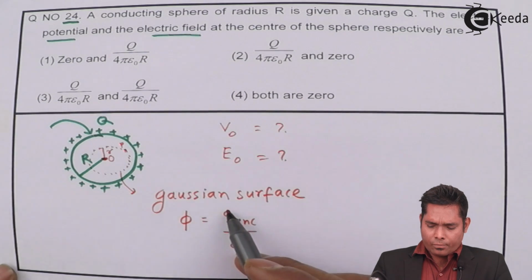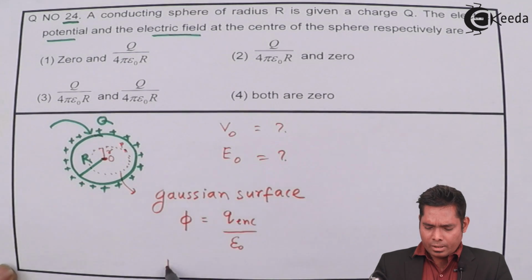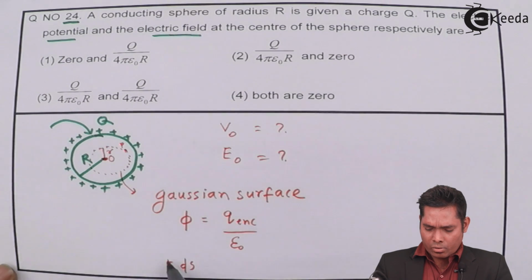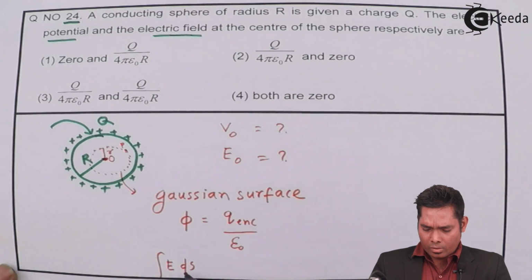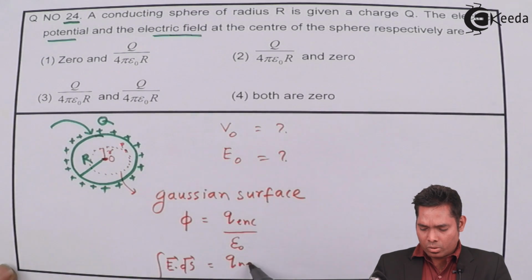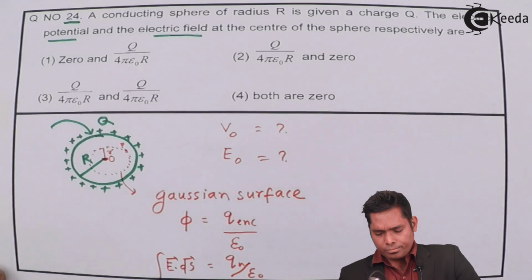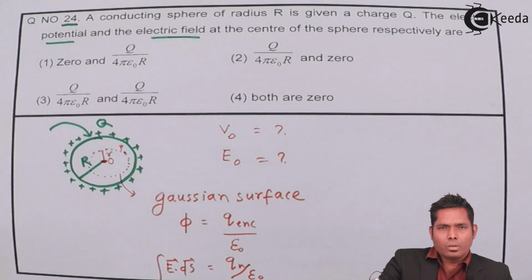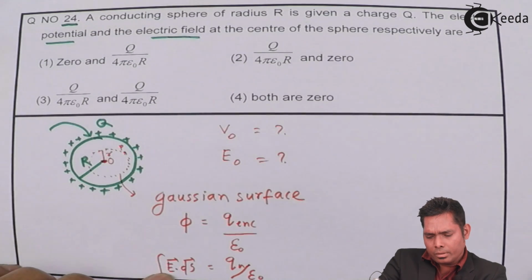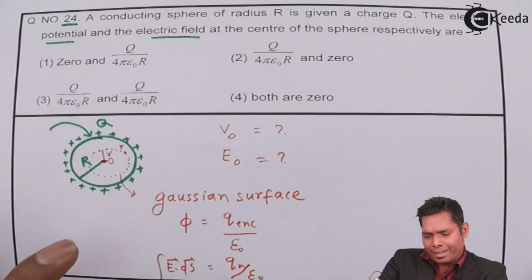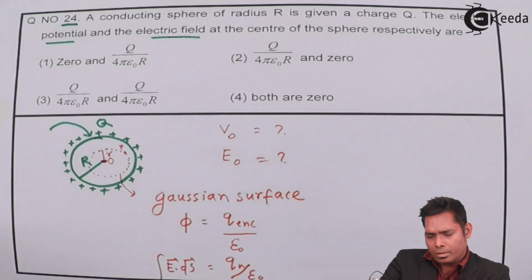So this flux is nothing but the integration of E dot dS, and equals q enclosed divided by epsilon naught. We know that if there exists an electric field, it has to be constant.